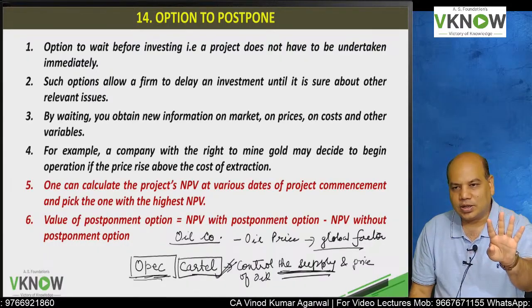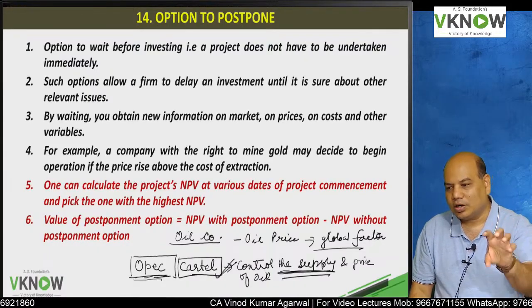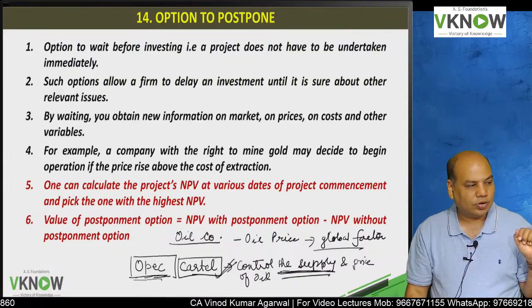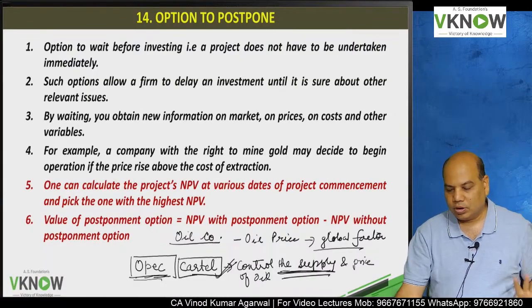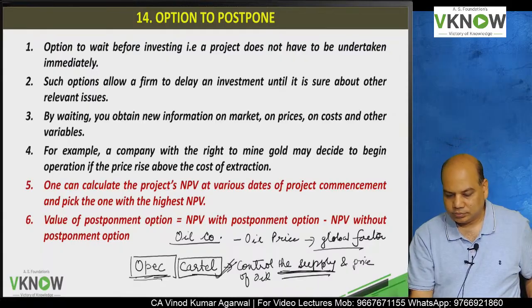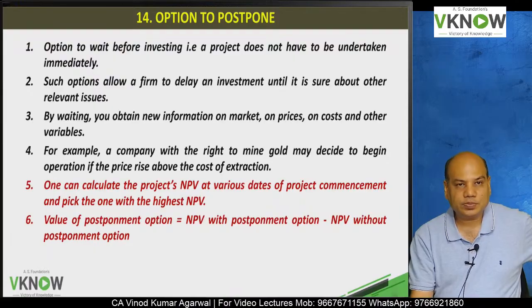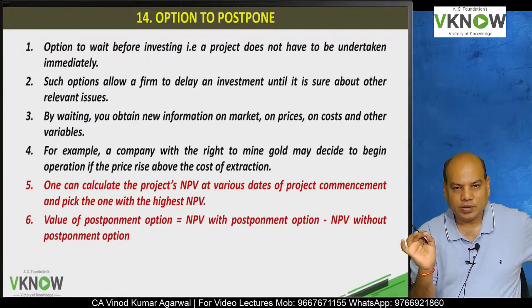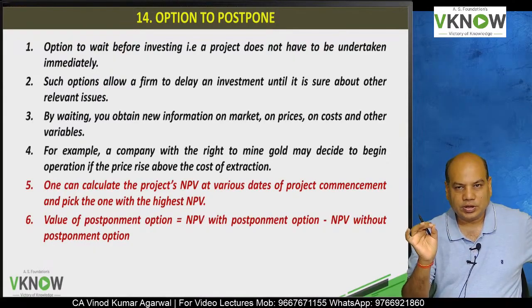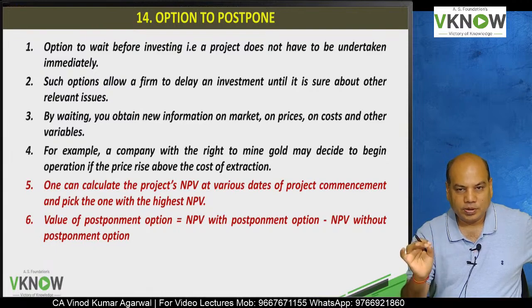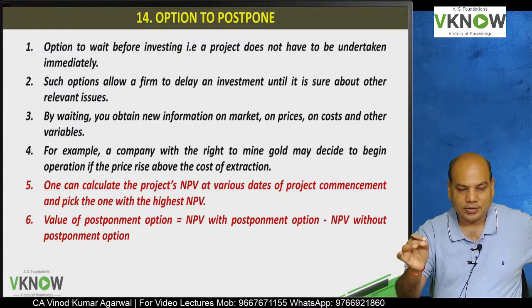Let us see what the market condition is after 1 year, and then I will take a decision. That is called option to postpone. So with these 3 examples, I hope now you got some hint. What are we supposed to do? Compute NPV if the project is started now. Compute the NPV if the project starts later.